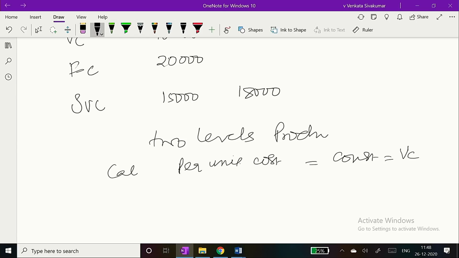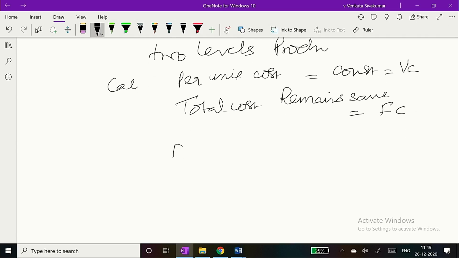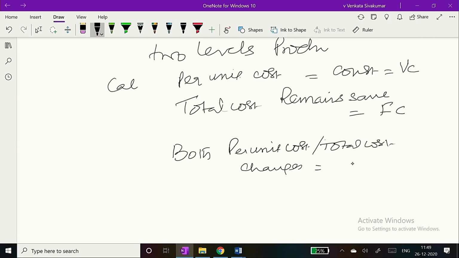Now the next question is, total cost remains the same. That's called as fixed cost. Both per unit cost and total cost change. That's called as semi-variable cost. These are the rules you should develop.